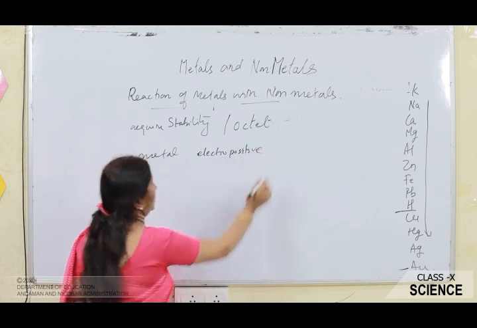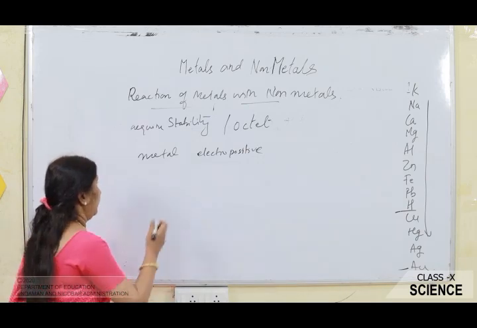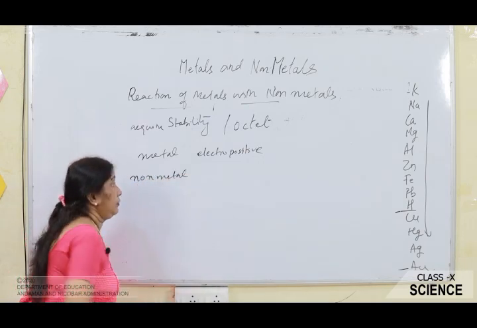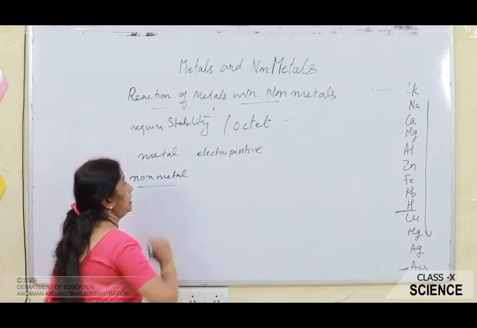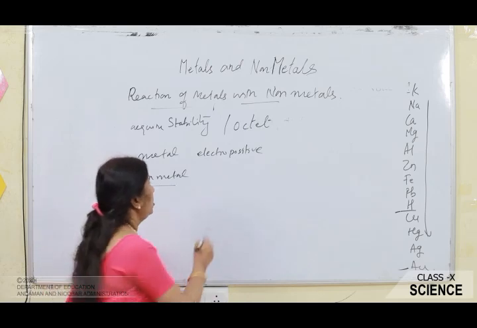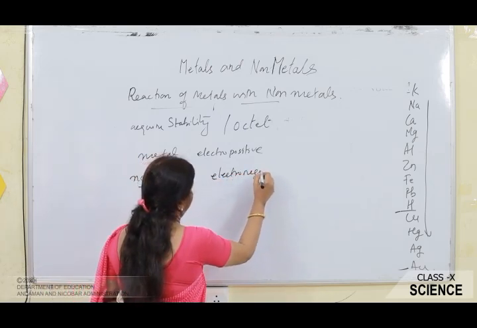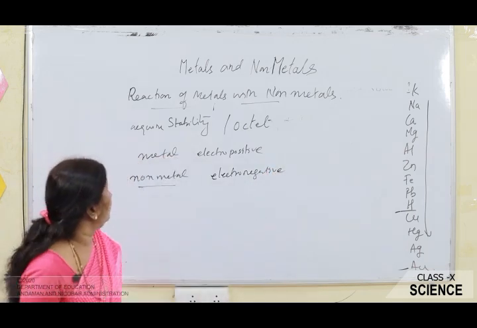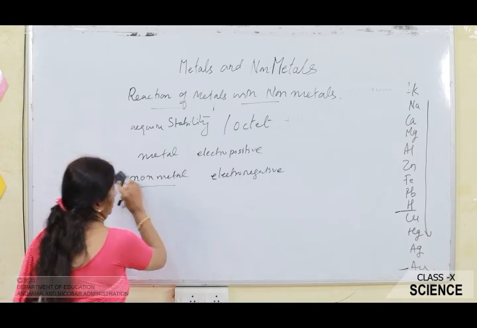Metals are electropositive because they have a tendency to lose electrons, whereas non-metals have a tendency to gain electrons, so they are electronegative in nature.